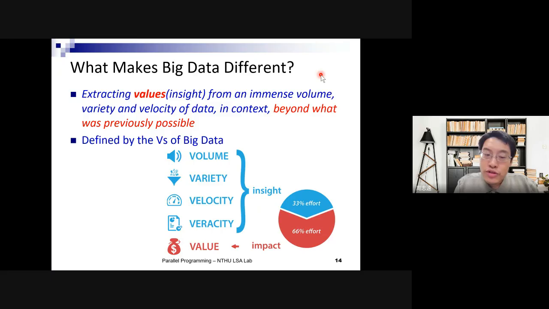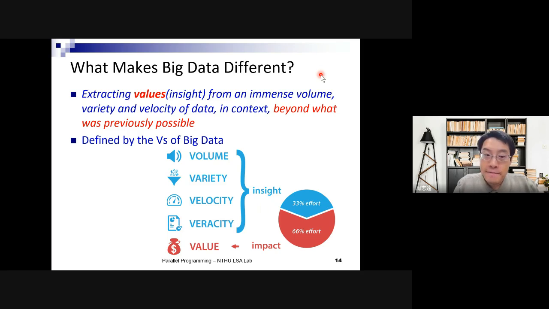If you just have a huge amount of data, it doesn't really mean it is a big data problem, right? Because the computation power and the storage space of a single server today are also quite powerful.